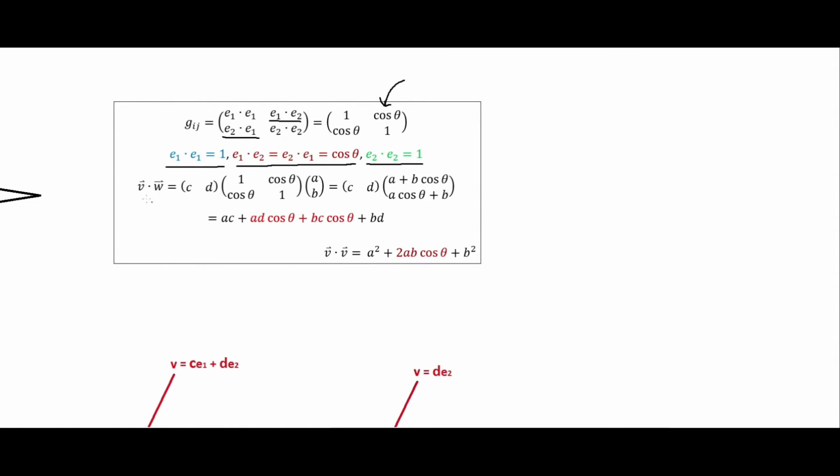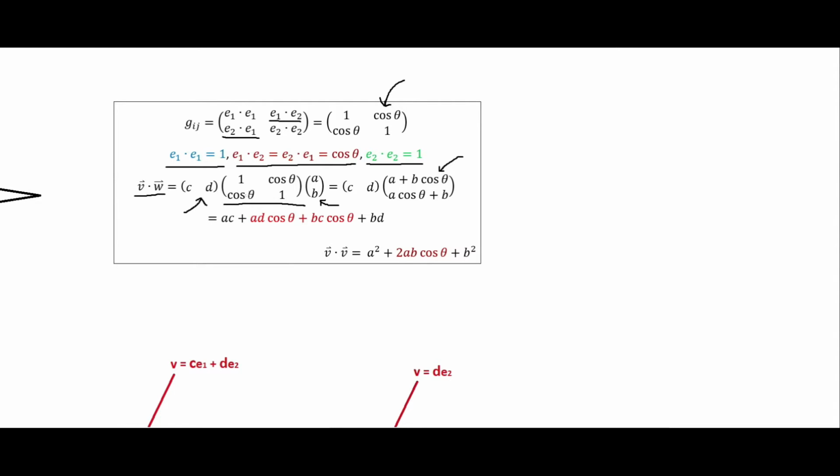And so now if we have two vectors here, v dot w, and we use our metric tensor to do the dot product, and we have w equal to ab and v equal to cd here. The first thing we do is multiply through, so 1 times a plus cosine theta times b, that's our first entry here.